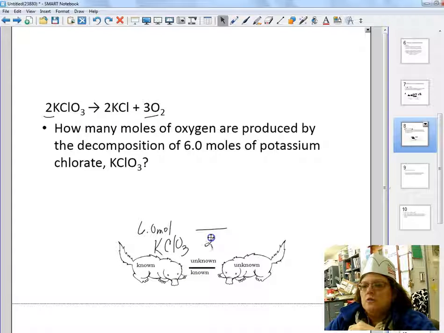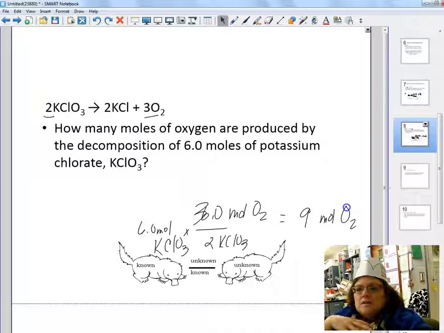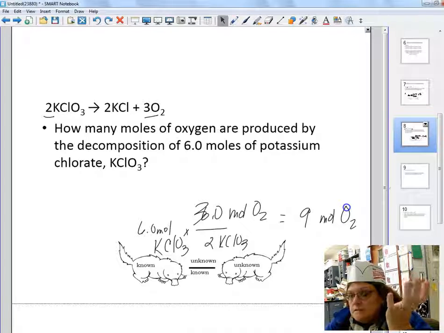The known ratio. And 3 is going to go on the top. So now if I multiply that, 6 times 3 is 18, divided by 2, I end up with 9 moles of oxygen. So, starting with 6 moles, I'm going to end with 9 moles. Okay? Does that make sense? 2 gives me 3. 6 will give me 9.